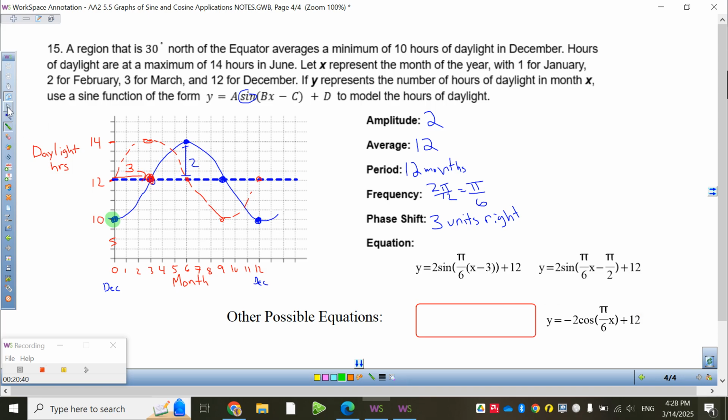Or we could use regular cosine if we wanted to consider starting at this top point instead. And so we could now shift it. This would be shifted 6 units if we think about that one. So we could use regular cosine, and y equals 2 cosine of pi over 6 times x minus 6. It's shifted over by 6 units plus 12.